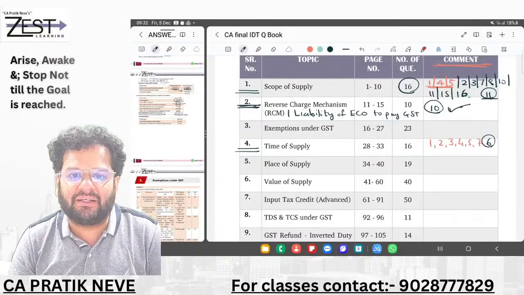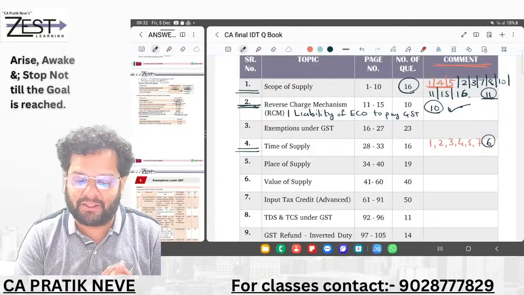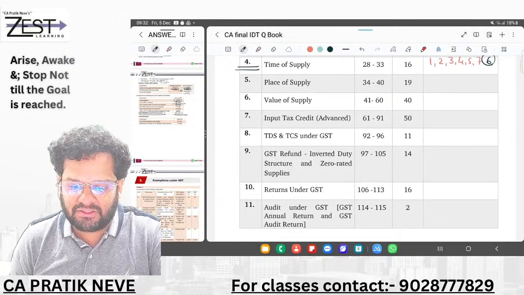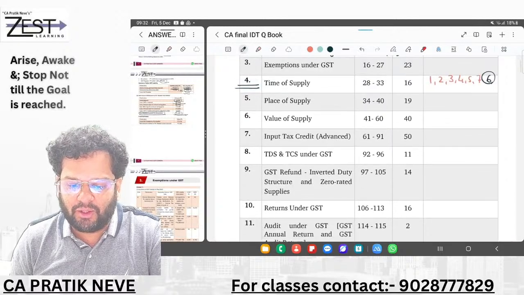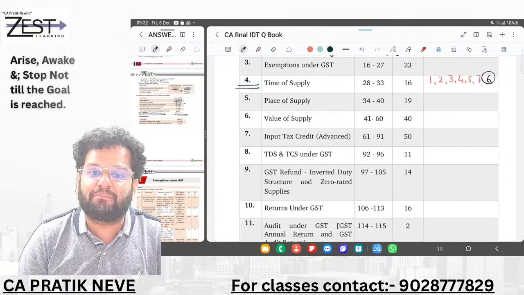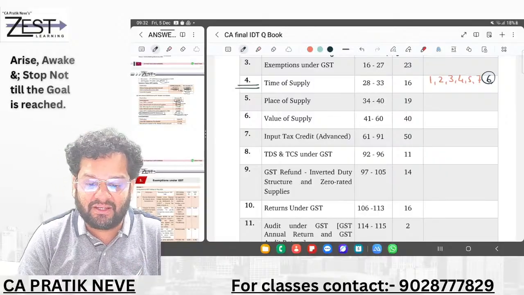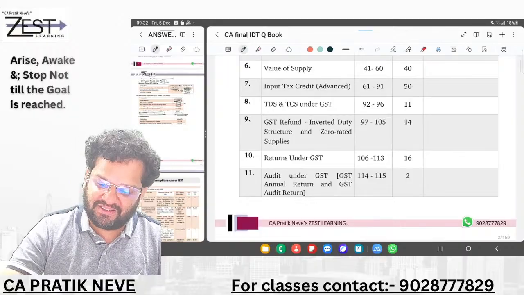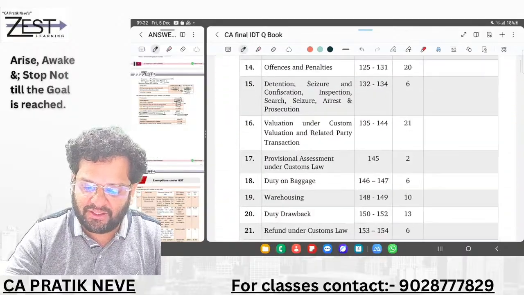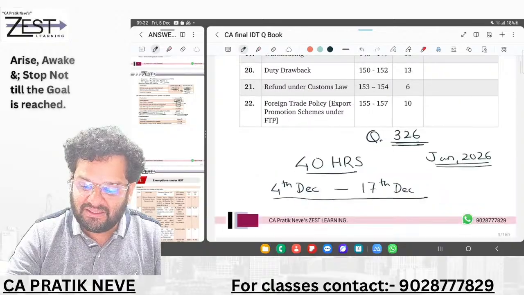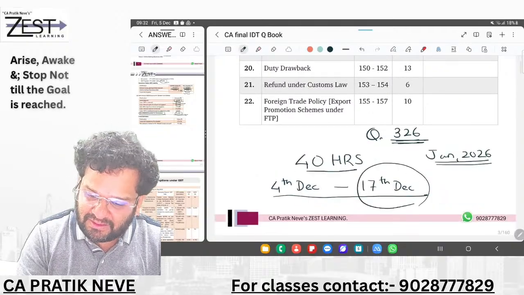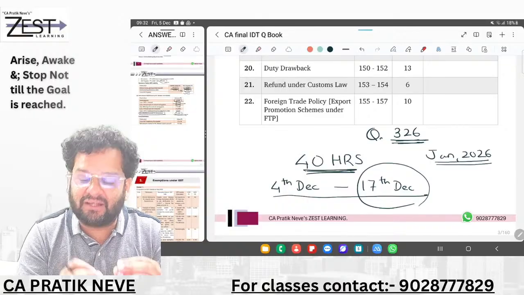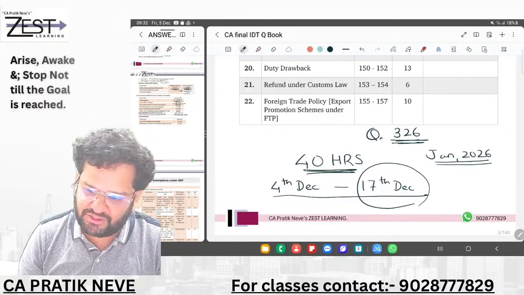Tomorrow we will get done with these 2 topics. So our first 4 topics will be done. Then day after tomorrow onwards, we will go ahead and do value of supply, place of supply. That is on Sunday. On Monday, ITC, and then onwards the other topics. So this way, till our 17th of December, we will be easily able to do our entire important questions.